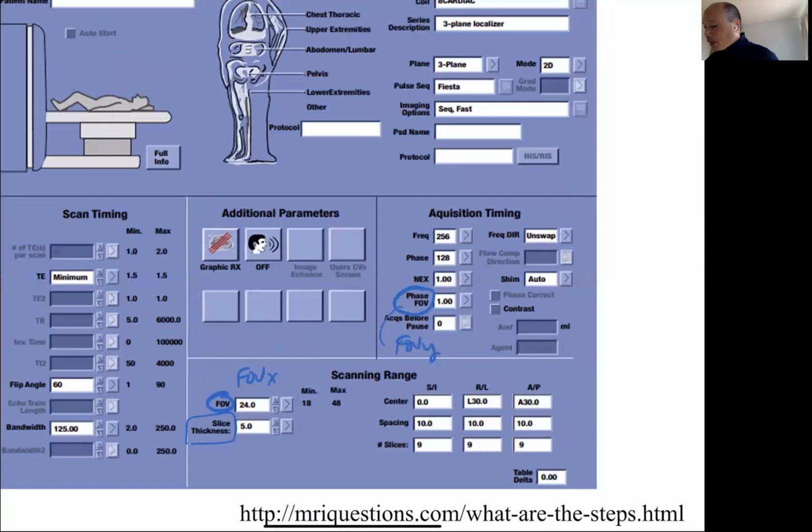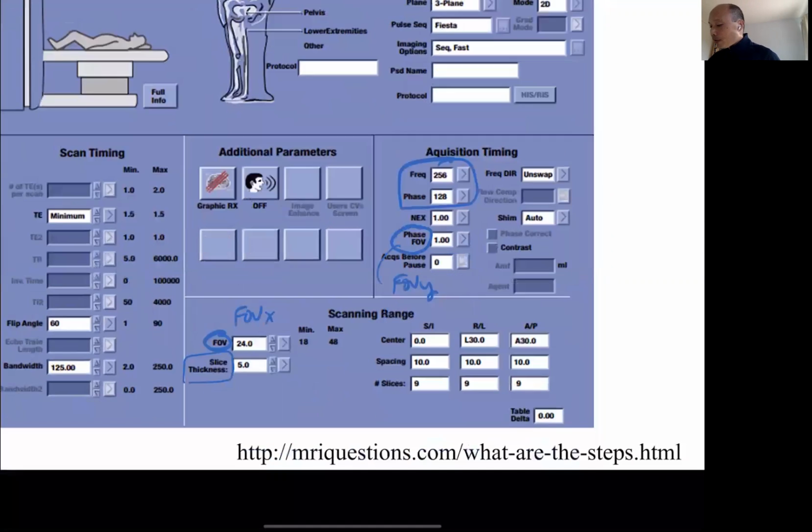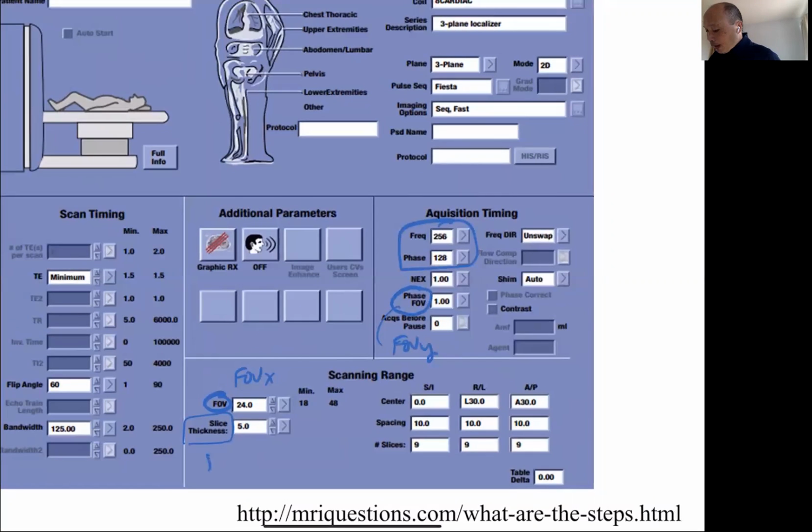And then they don't specify the resolution here in terms of centimeters and millimeters, but what they do specify is how many points they want. So for example, in this case, delta X would just be 24 over 256, and delta Y would be 24 over 128. So that's how you would go about specifying these steps.